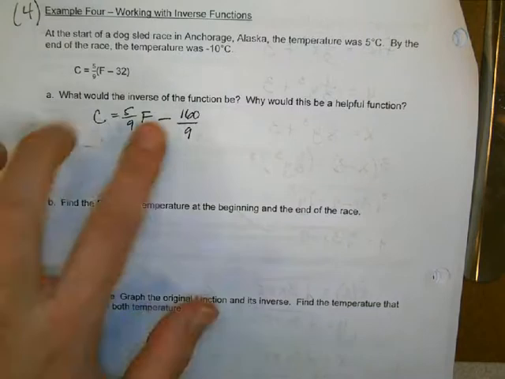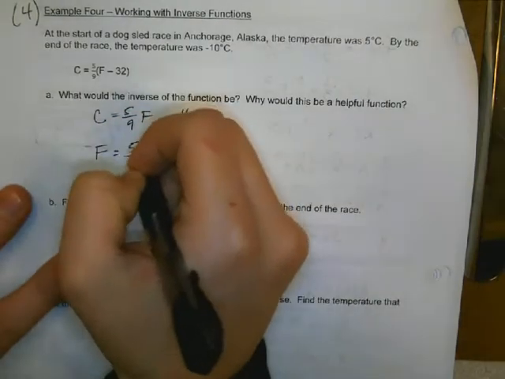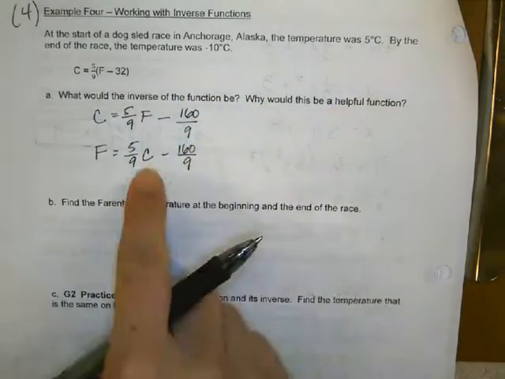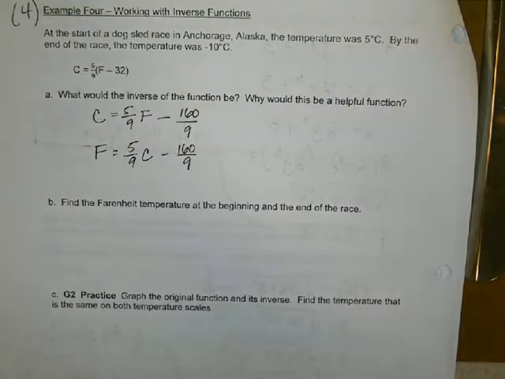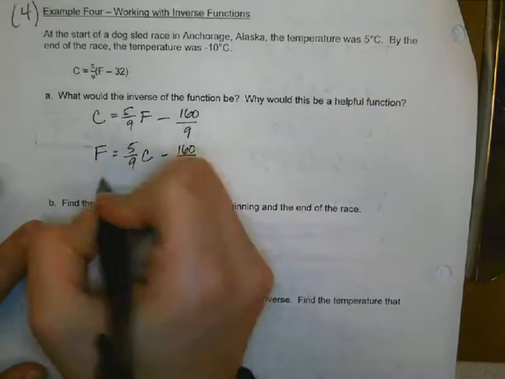Inverse of the function, we're going to flip-flop the f and the c. And then solve for c. So if we solve for c, we have to add 160 over 9.